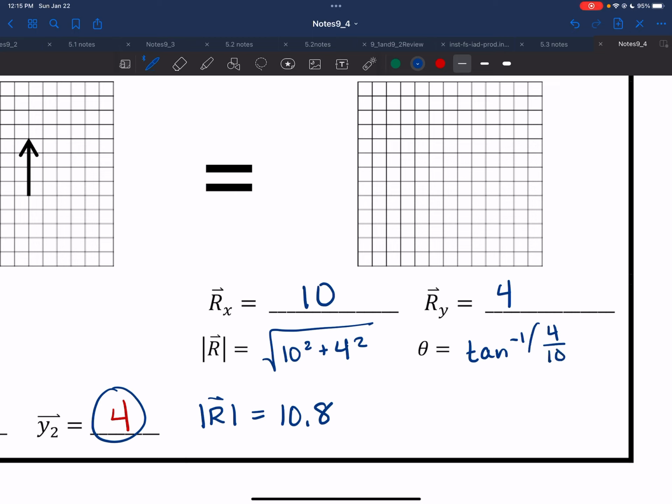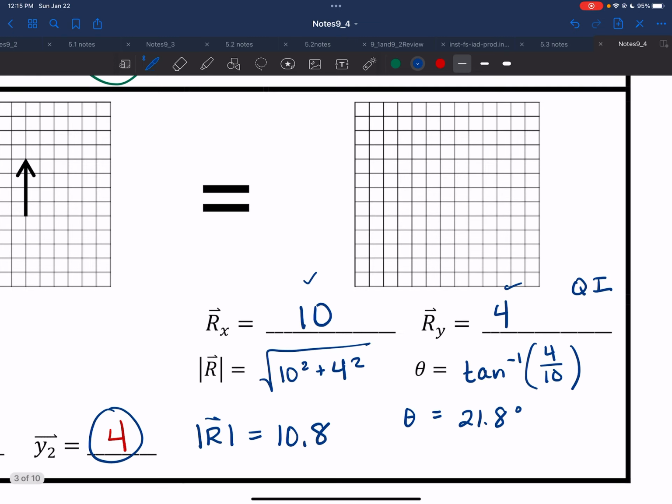And again, before I calculate this, I'm going to take a look and see this is positive, so I'm in quadrant 1. I don't have to do anything to my angle once I get it. So the inverse tangent of 4 over 10 is 21.8 degrees.